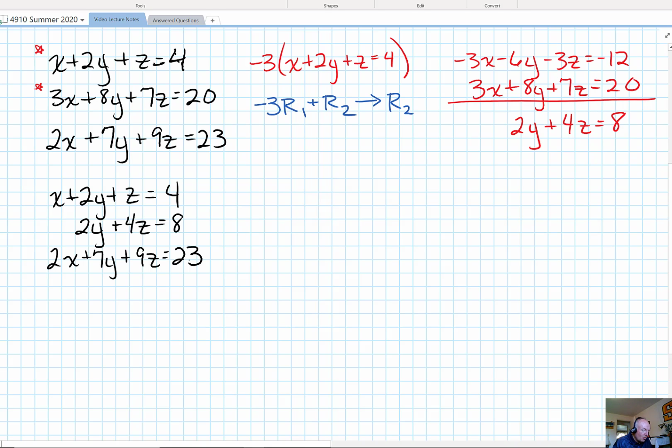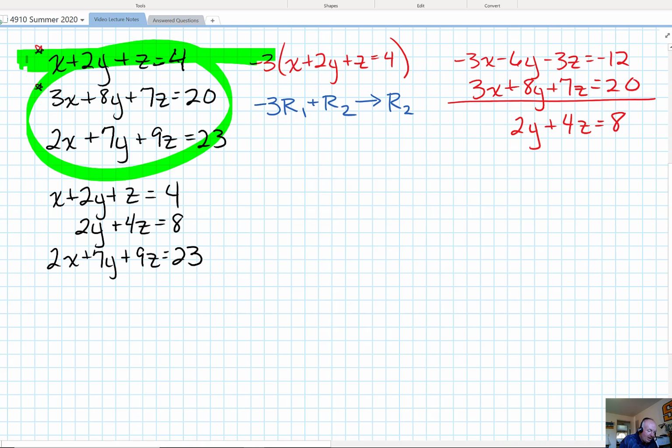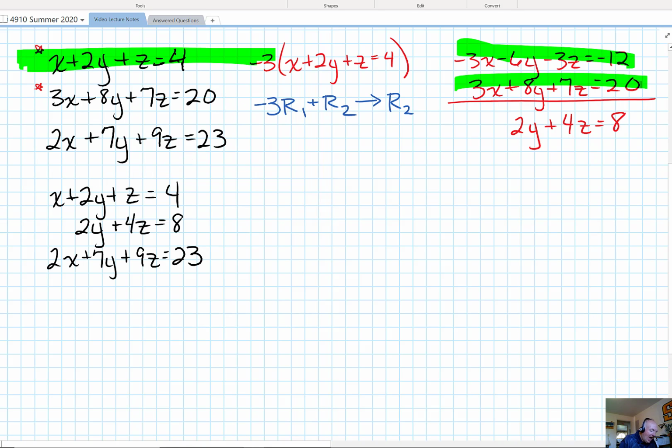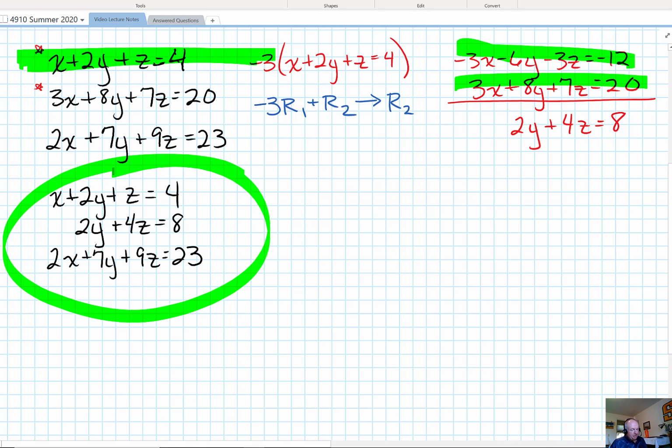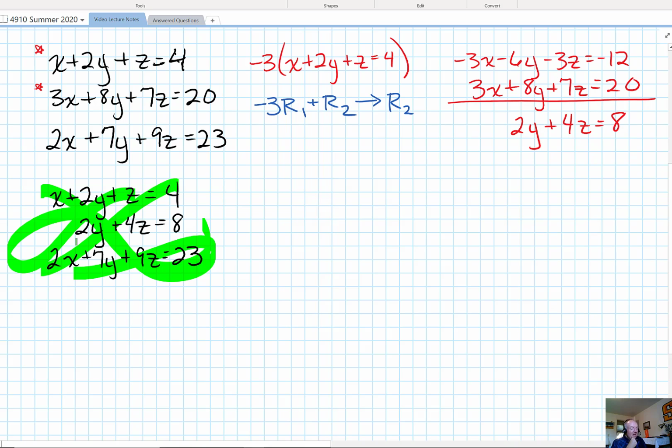It's a new system, but it's what we call an equivalent system, in that the solution to this system is the same as the solution to the original. By multiplying a row, which is totally fine, and adding 2 rows, I don't change the solutions. So it's an equivalent system, and I'm happy with it. But it's simpler, right? Because I've got rid of the x's.